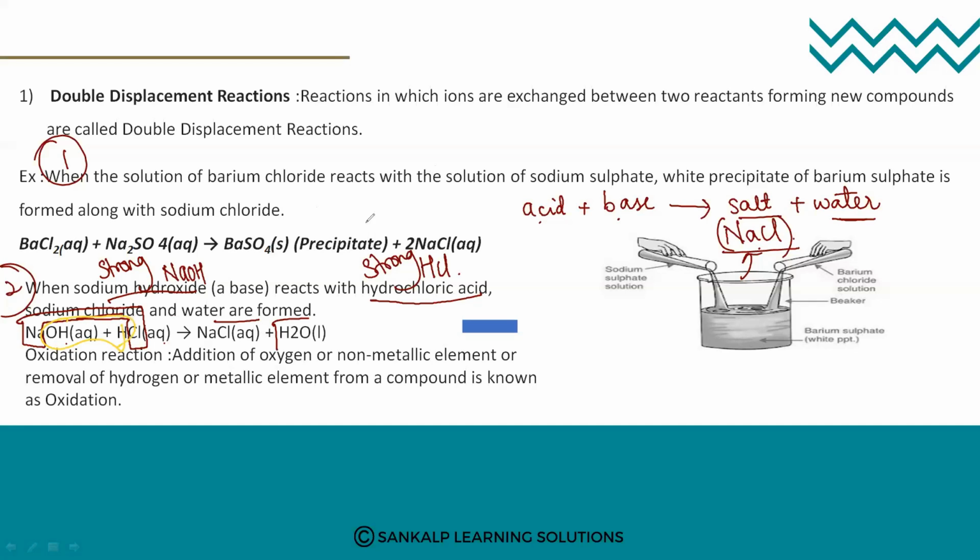So like this, it is forming from the two reactants. The reaction in which the ions are getting exchanged between the two reactants by forming new compounds is called a double displacement reaction.